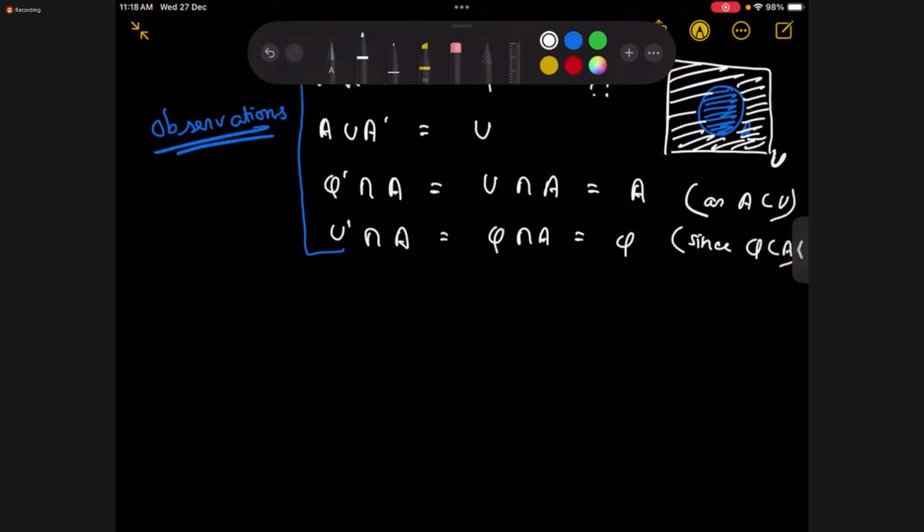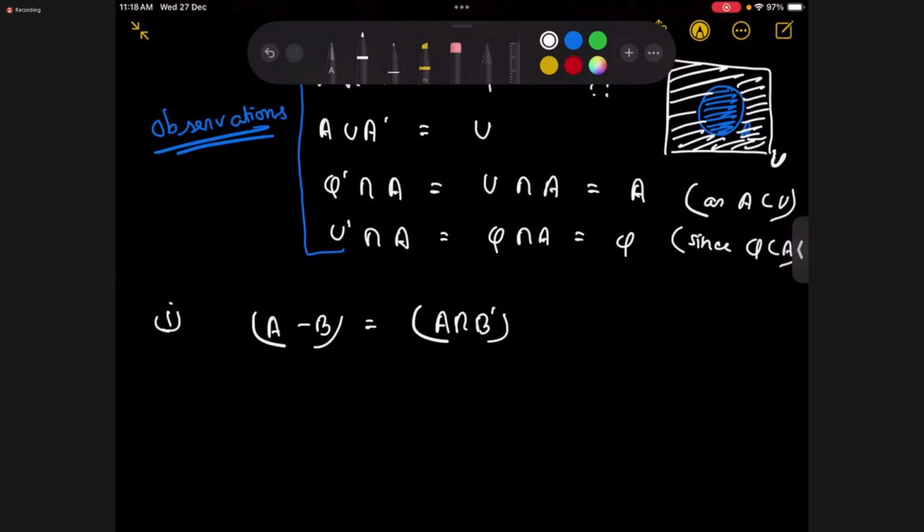okay, one, first of all, A minus B is equal to A intersection B complement, like that. Okay. So A minus B equals A intersection B complement. Why is this so?